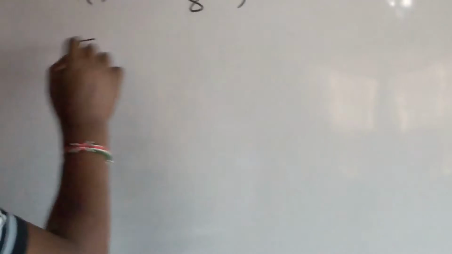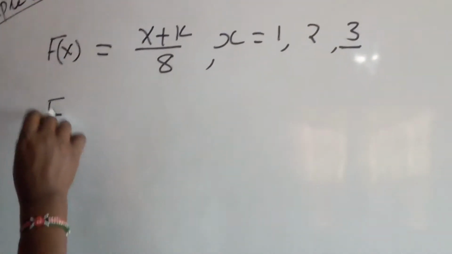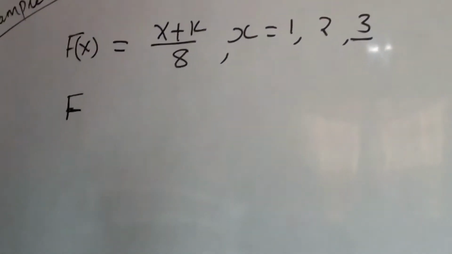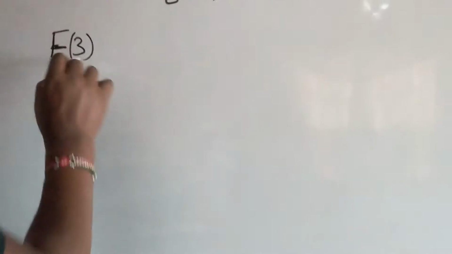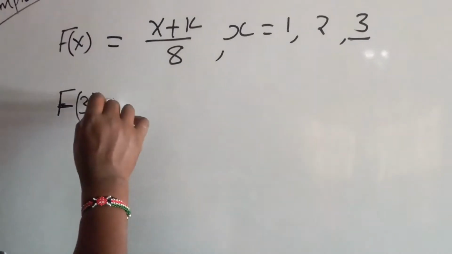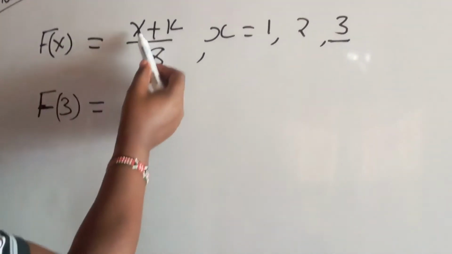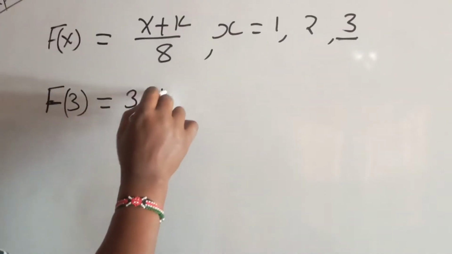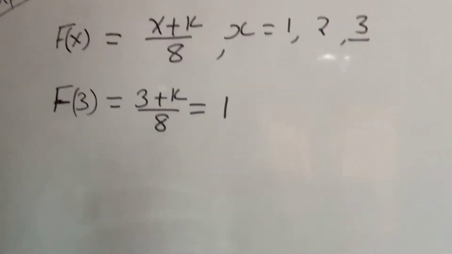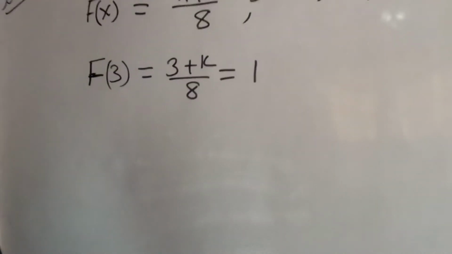That means 3 is the last entry in our table. The cumulative distribution function of 3, F(3) = (3 + k)/8, must give us 1 because it's the last entry.